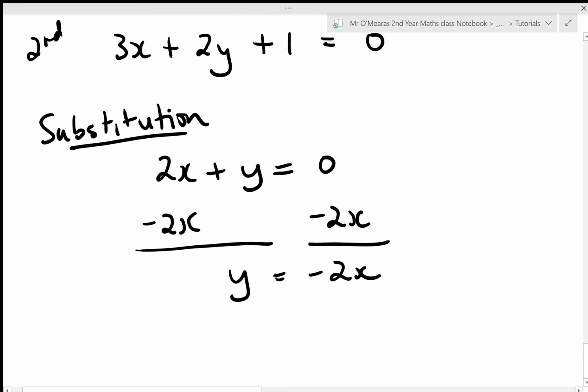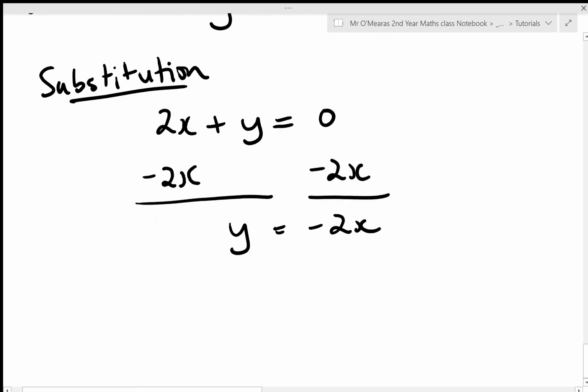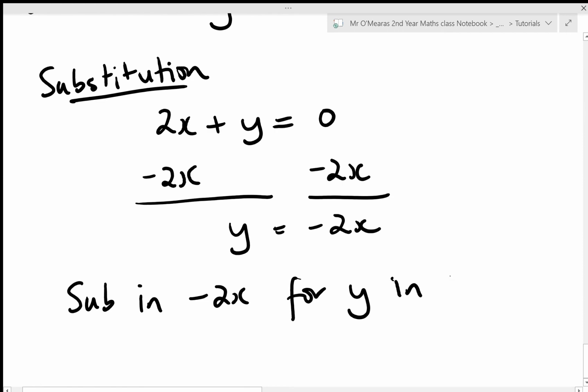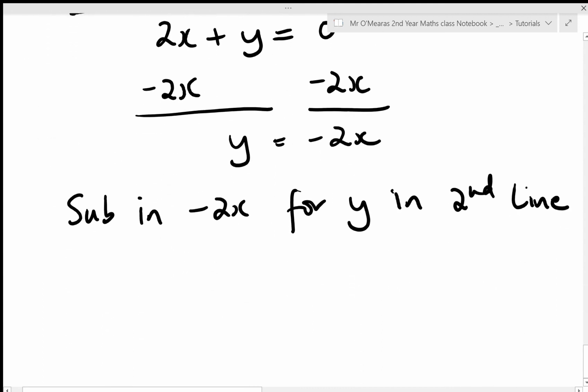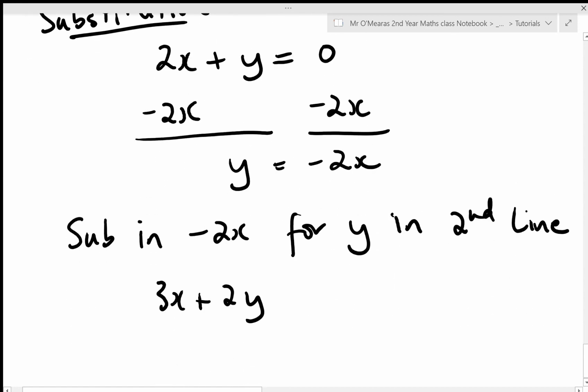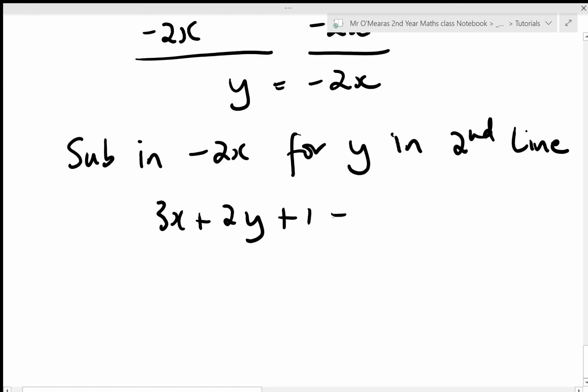If you can remember, with the substitution method, we take this minus 2x and we sub in minus 2x for y in the second line. So we go back up and say, okay, what was our second line? Our second line was 3x plus 2y plus 1 equals 0.